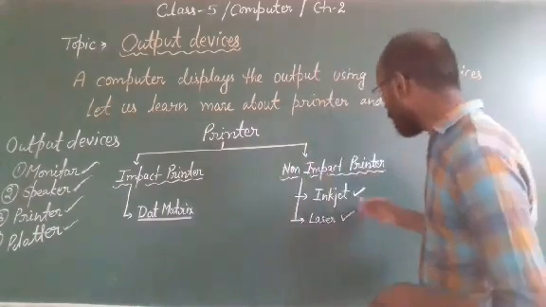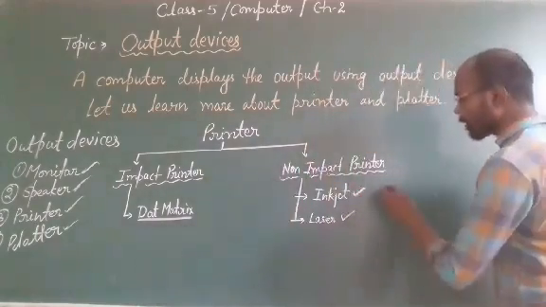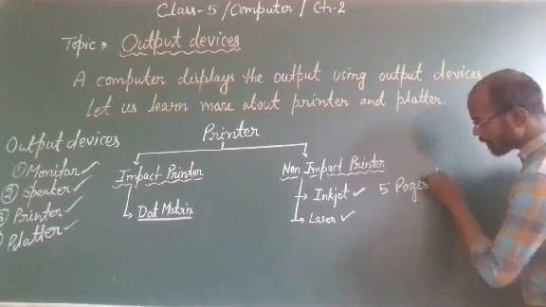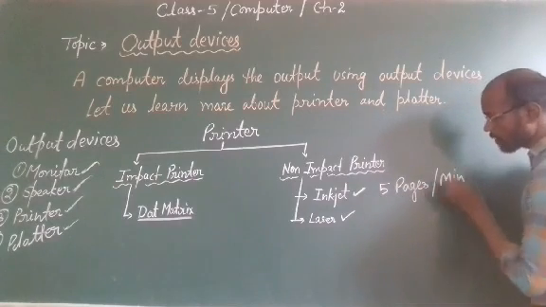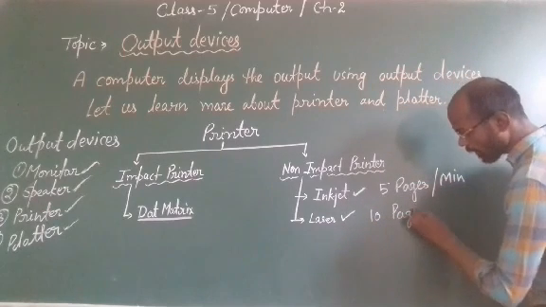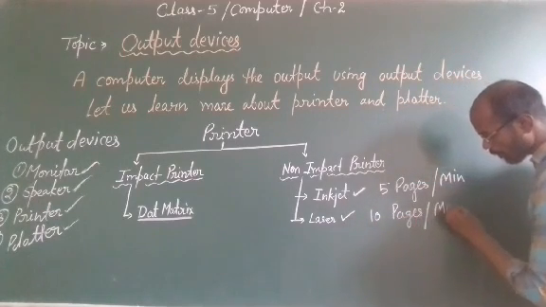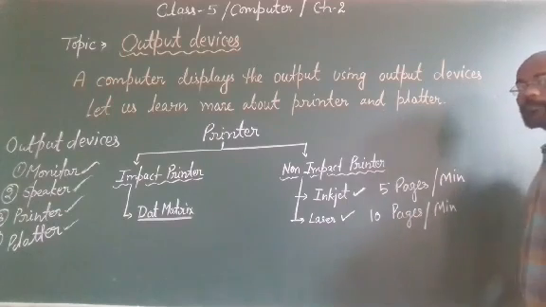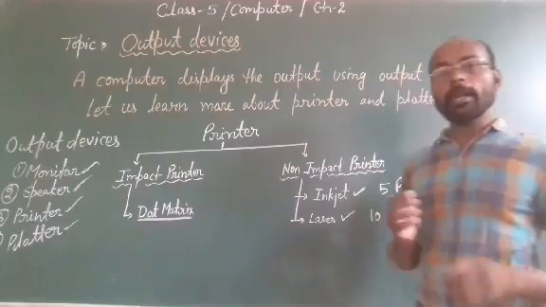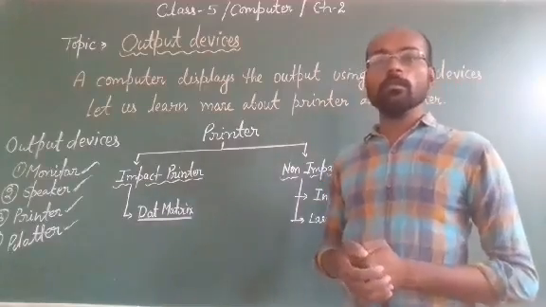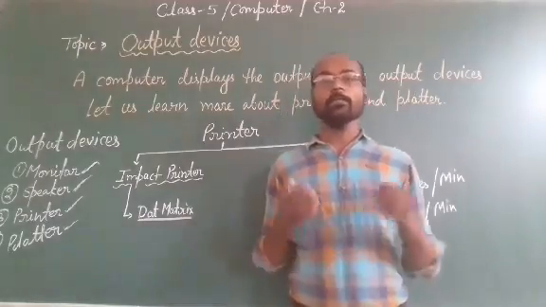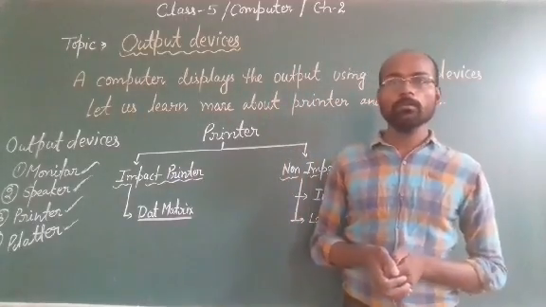Students, an inkjet printer can print 5 pages per minute, but a laser printer can print 10 pages per minute. A laser printer uses dry ink and can print black and white as well as colored output.